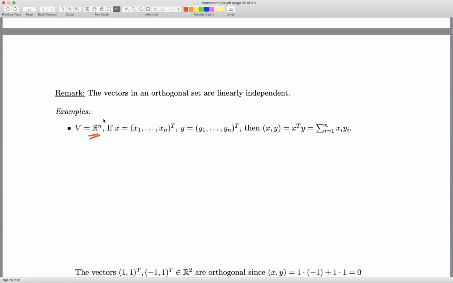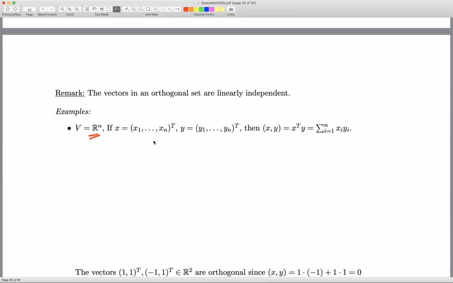We know that this is a vector space because we can define the sum of two elements. The sum of two n-tuples is an n-tuple with coordinates the sum of the corresponding coordinates, and we multiply a scalar by an n-tuple by multiplying this scalar by all the coordinates in this n-tuple.